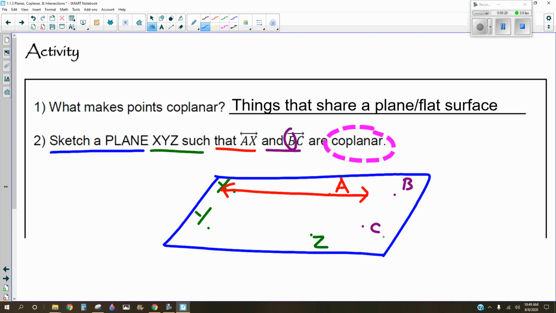And then my ray starts at B right there. The B starts the ray. So my ray's got to go through C and go in that direction. So if I look at it, I've sketched a plane in blue. I've named it XYZ in green. And then my red line and my purple ray are coplanar. They both share the blue surface.